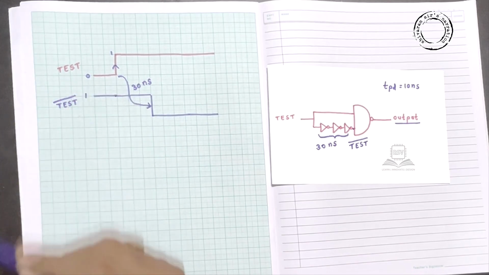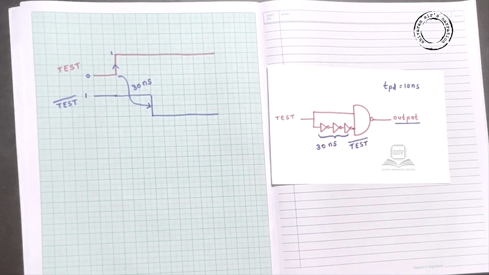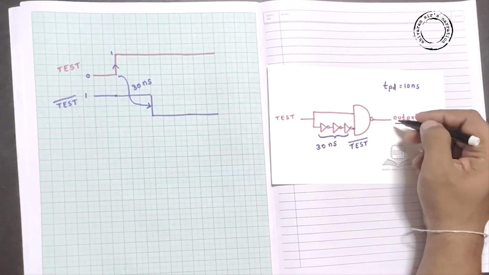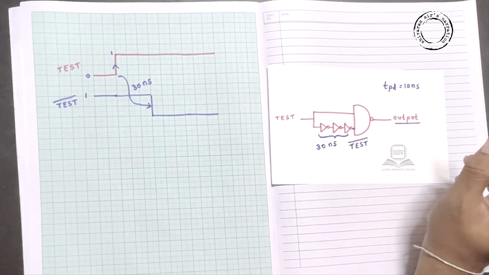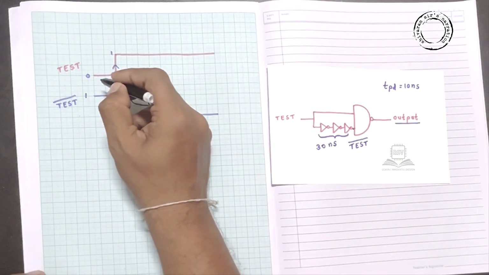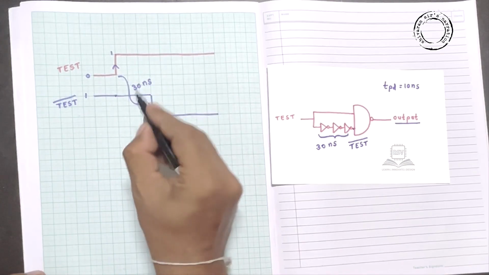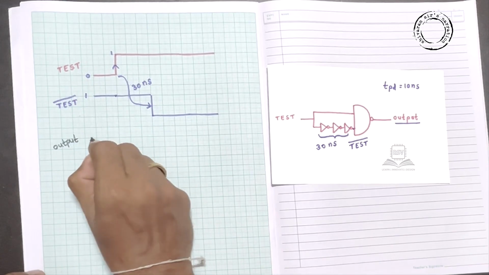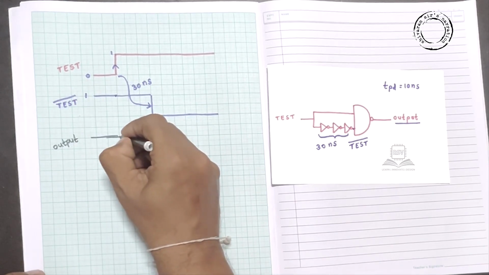Got it? Fine. Now it's time to discuss the output waveform. Simply it is the NAND operation of test and test bar. Here first of all, previously it is 0 and 1, 0 NAND 1, you will get output as logic 1 till here, right?